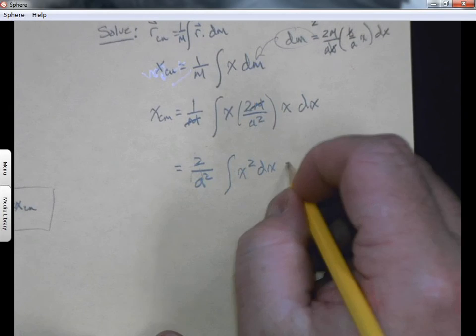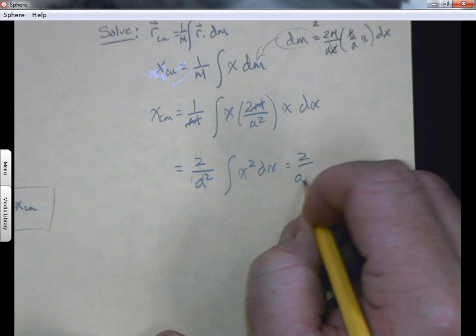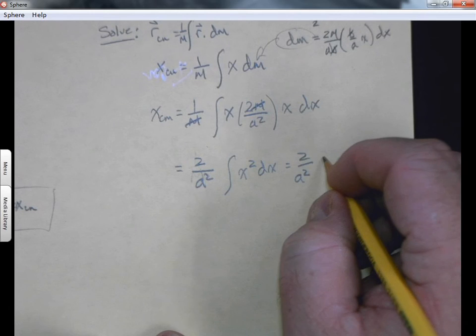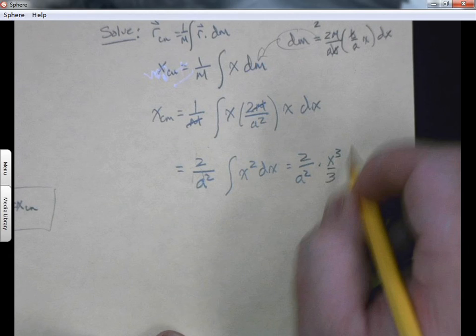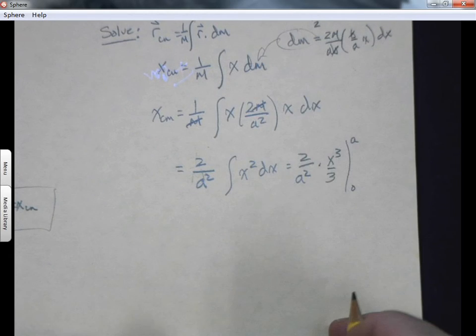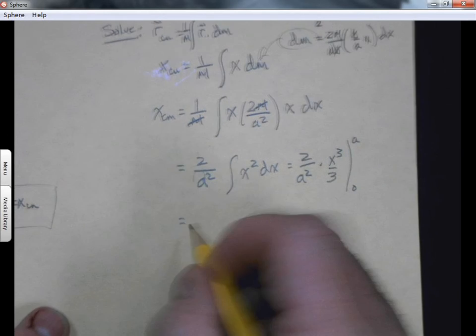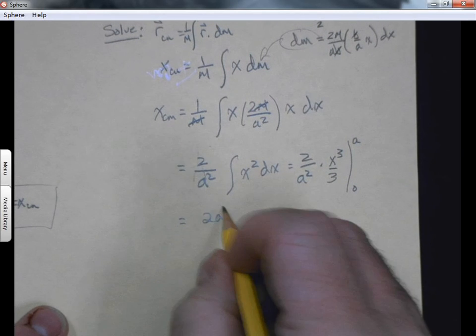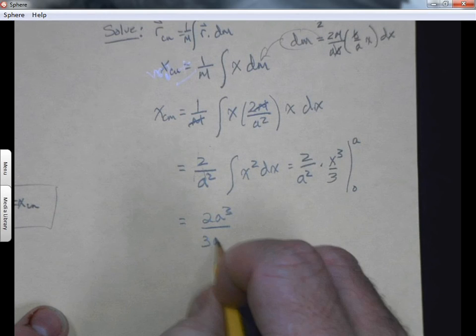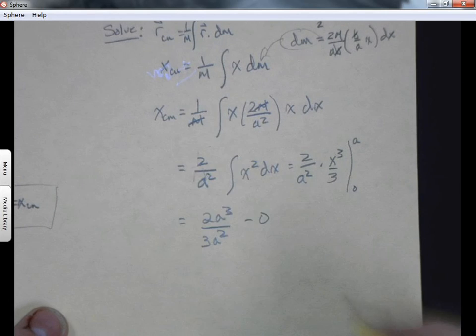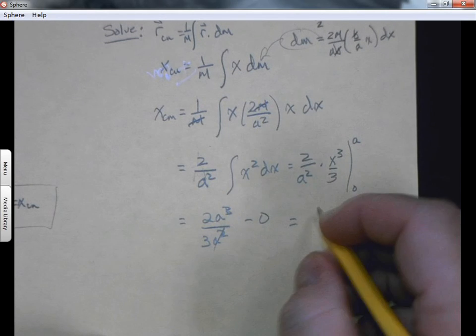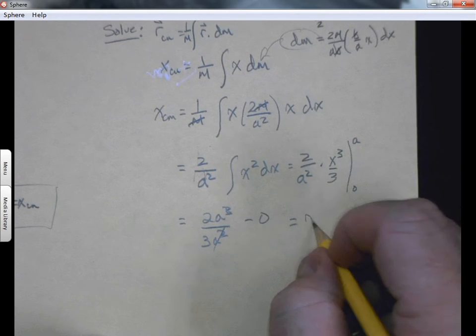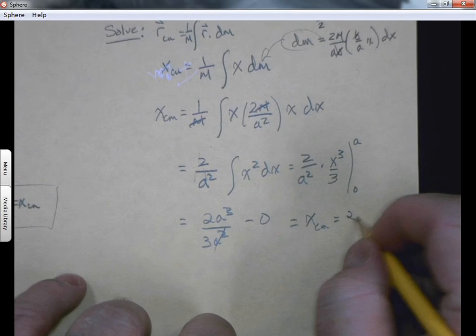Well, we evaluate that to a, and it's going to become 2a cubed over 3a squared minus 0. And our a's are going to cancel, and we wind up with our position of the center of mass equals 2a over 3.